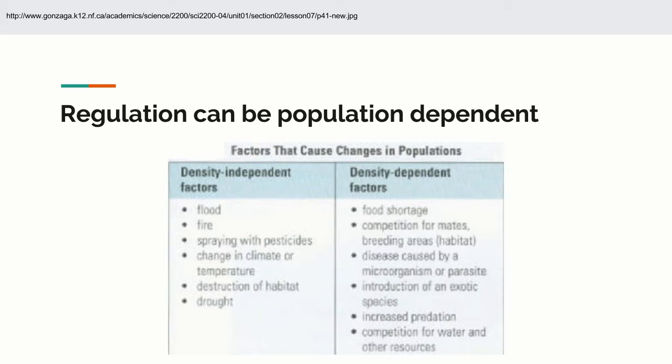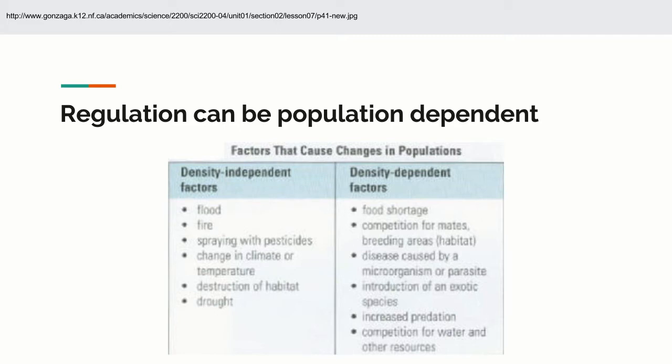All of those things have nothing to do with how big a population is. So if there's a fire, if there's a population of 3, they will be equally as devastated as a population of 3 million. A fire is a fire. If there's no food, it doesn't matter how big the population is, there's nothing to eat.